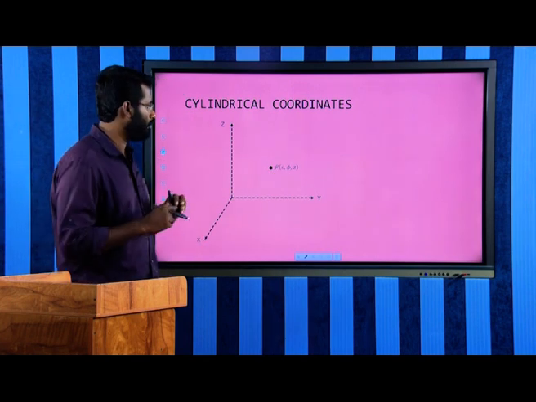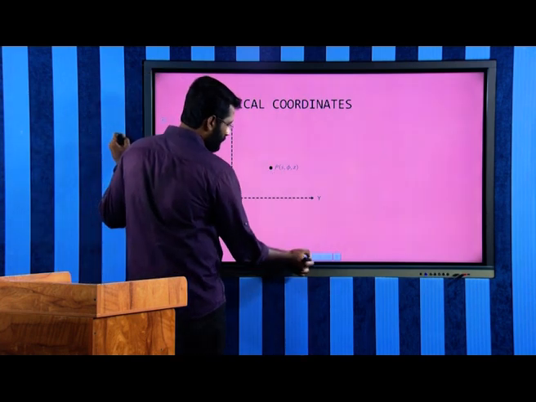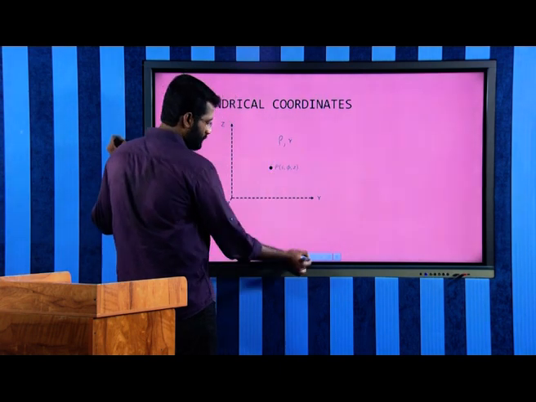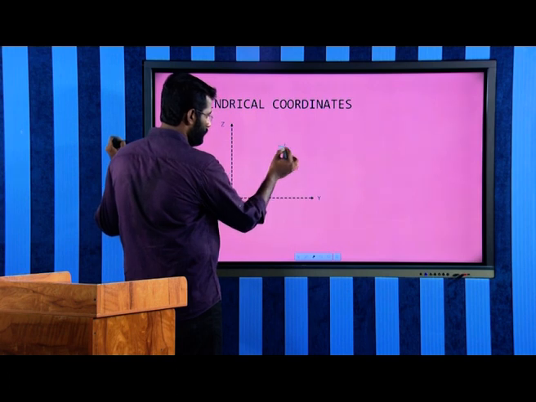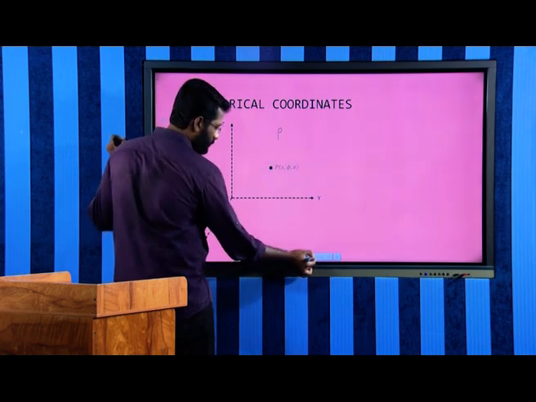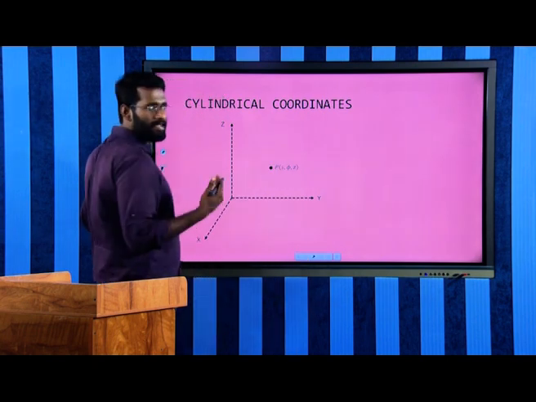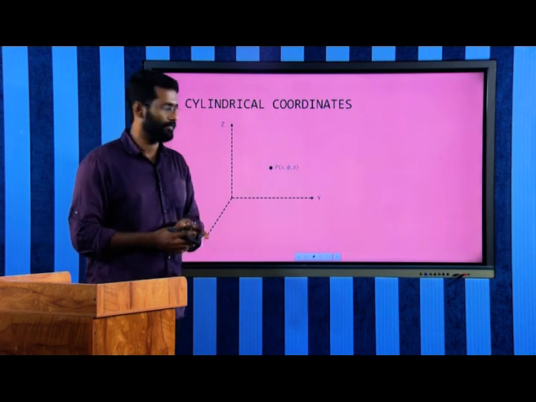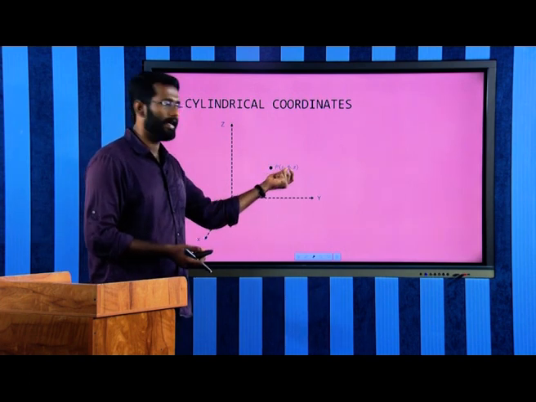In some textbooks, instead of s you will see rho or r. Mostly it is used as rho in many textbooks. When we are dealing with charge densities, you may get confused with that rho, so we use s instead. So, the coordinates are s, phi and z.